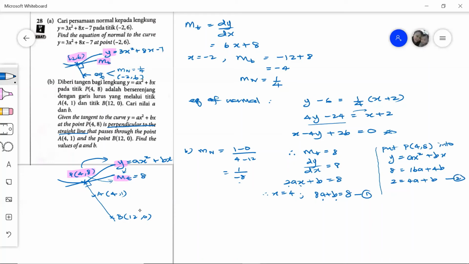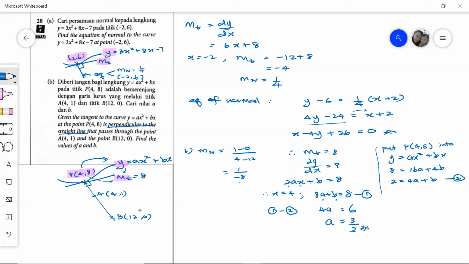I want to eliminate the b, so I shall take equation 1 minus equation 2. So 8a minus 4a, I have 4a, b minus b, 0. And then 8 minus 2, we got 6. Therefore, a equals 6 over 4, which is 3 over 2.